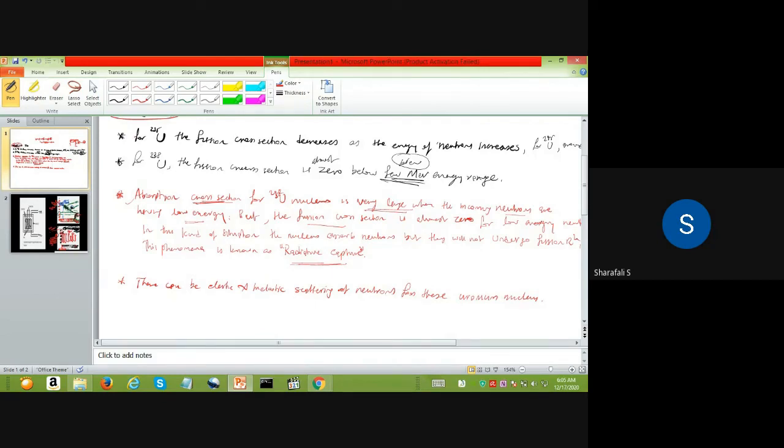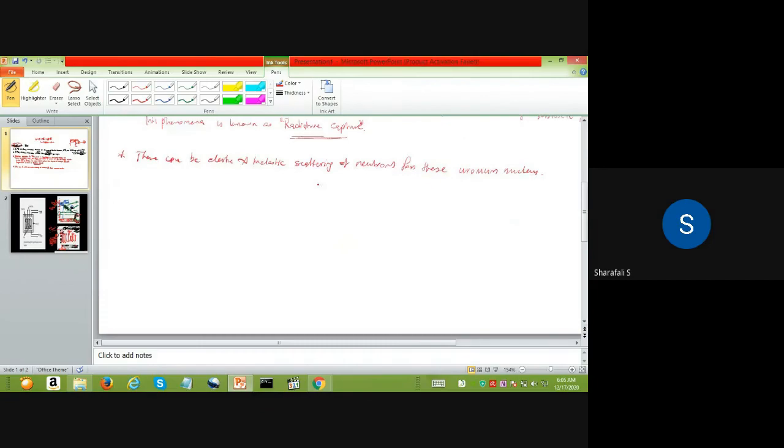So these are the basics of the uranium nuclear fission process. Keep in mind whatever we discussed in the last class and this class, as it is important for uranium fission processes.